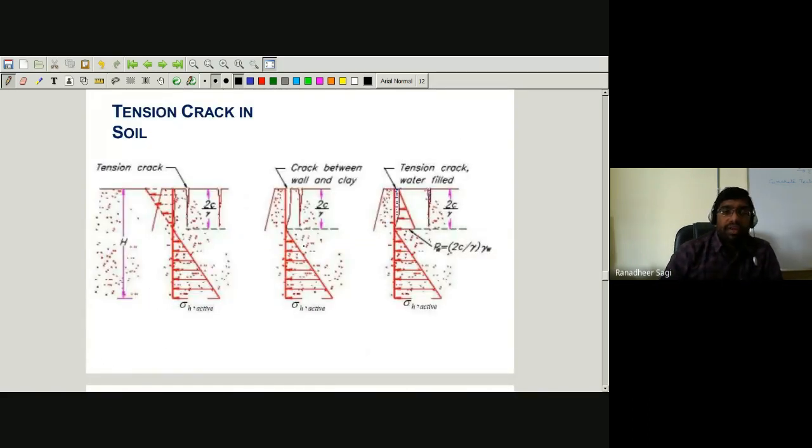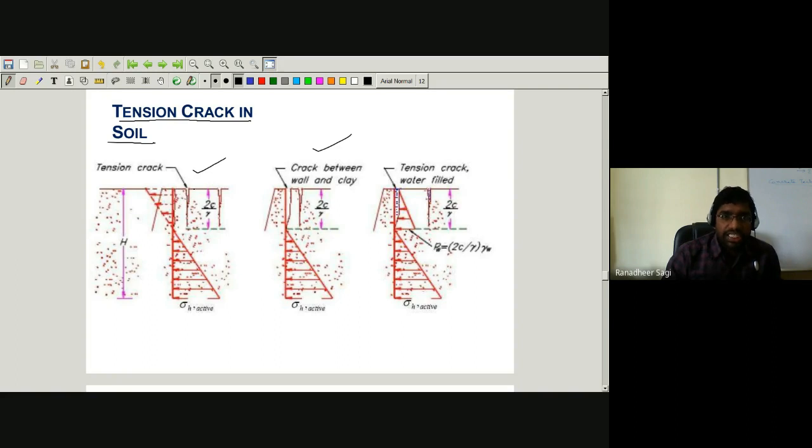Yeah, so whenever there is a tension crack which is getting developed due to the net resultant tensile force which develops in the soil, if you look at this case, what is the difference between the first case and the second case?